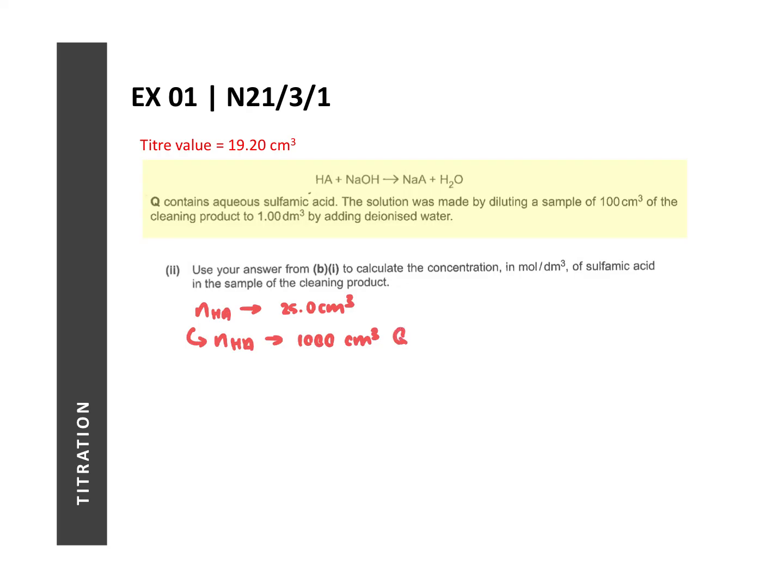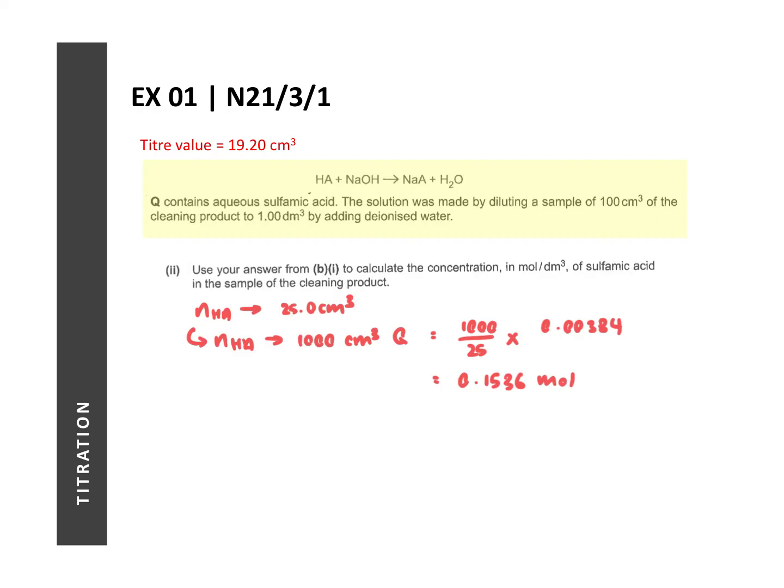The number of moles of acid in 1 dm cube of Q is equivalent to this, which is equal to 0.1536 moles.